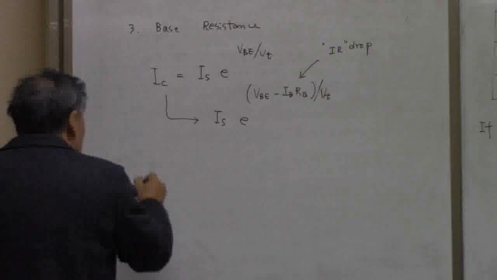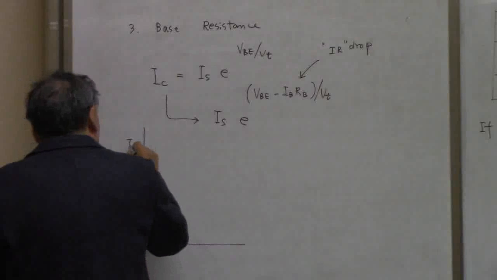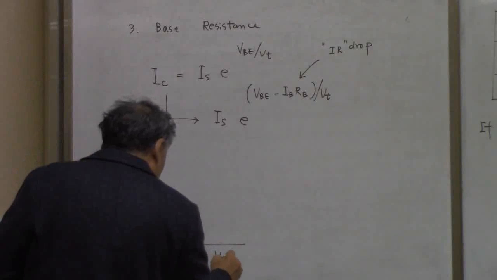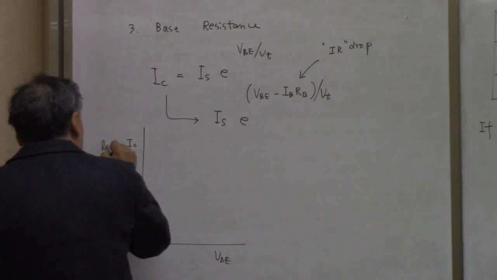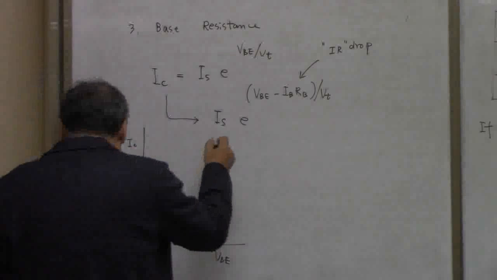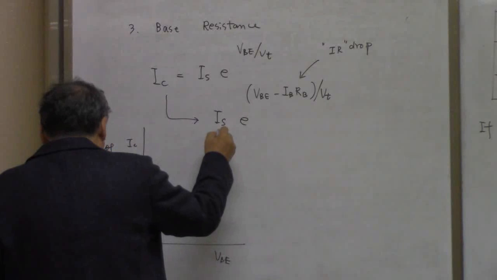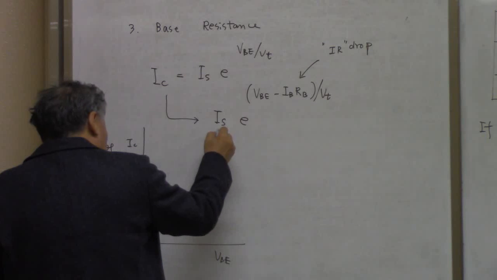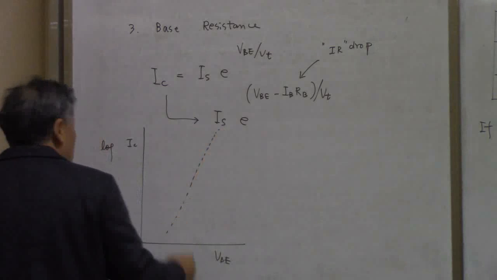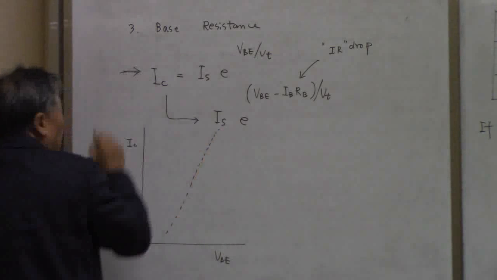This means if you plot the IC over VBE, of course on a log scale, then you are supposed to have a straight line here, something like this, according to this equation, okay?